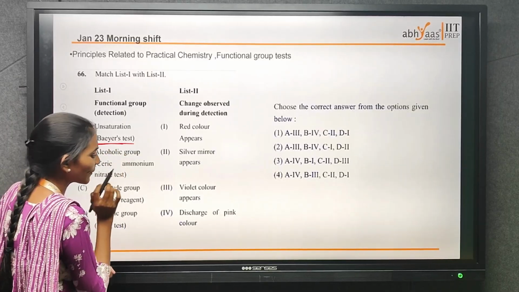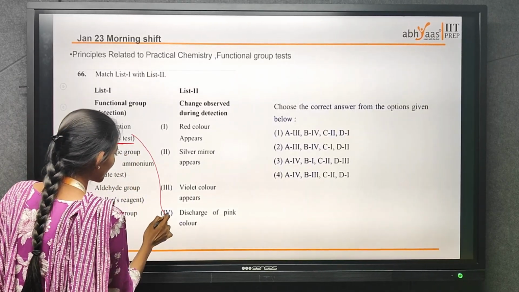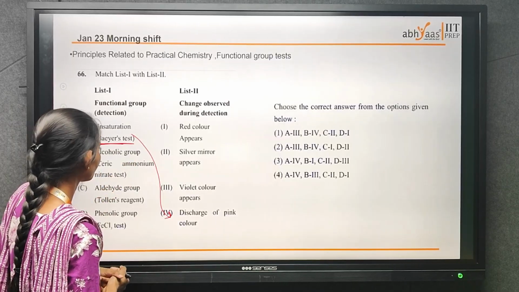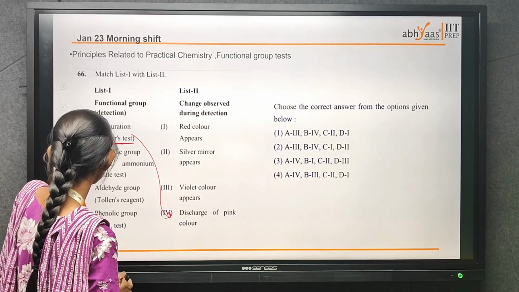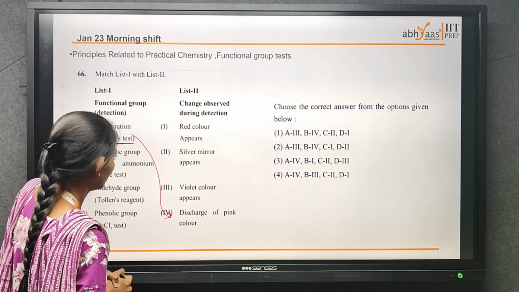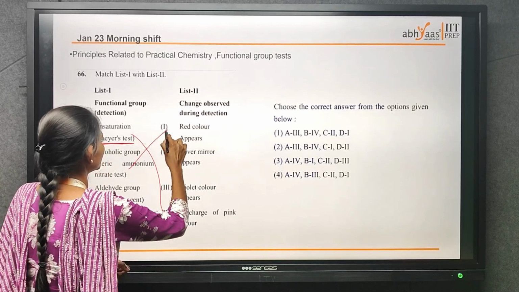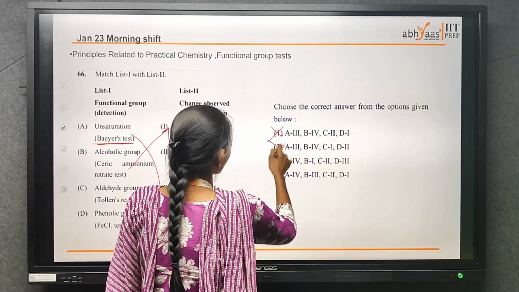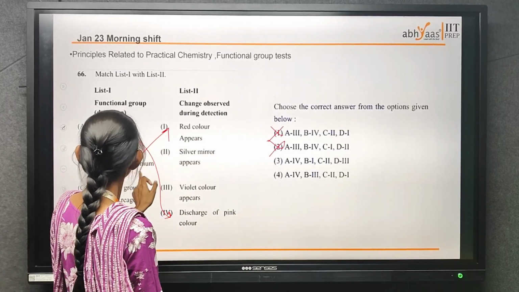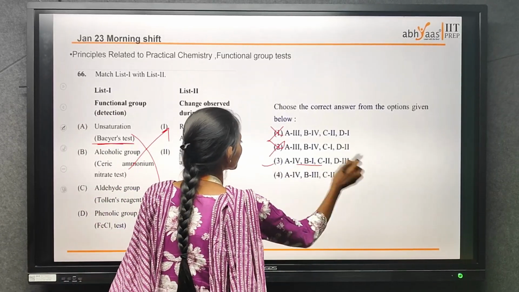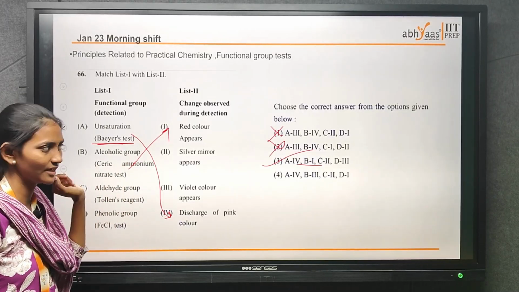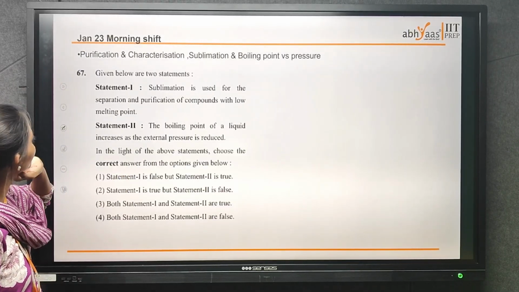Bayer's test means it will give a pink color, Nana, the pink color is discharged. And alcoholic group, violet red color appears. So if you know A4, you can eliminate options here, A4 and B1. So your answer will be 2. So if you know any 2 options, you can answer easily, right? Moving on to the next question.